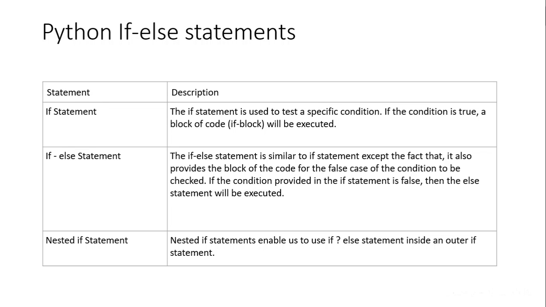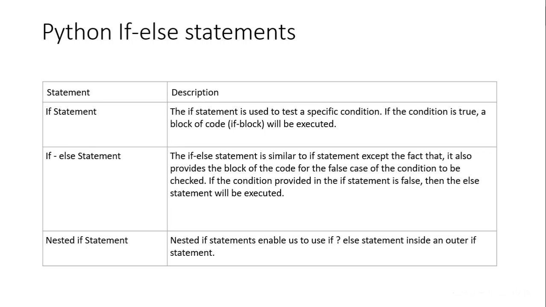So we can say the if statement is executed when the particular condition is true, and the else statement is executed when the condition is false. Apart from if else, we also have a nested if statement. That means we have another if else inside the if statement. A nested if statement enables us to use an if else statement inside the outer if statement.